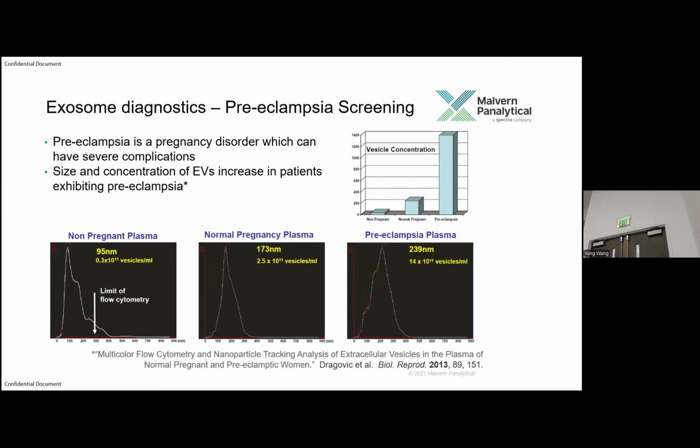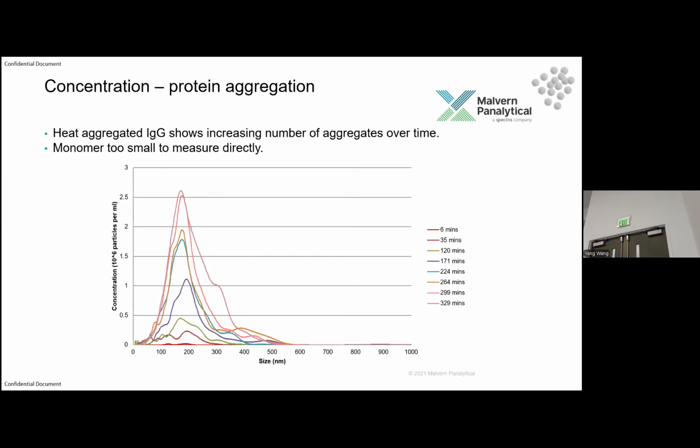A healthy pregnant patient has a bit more in terms of concentration of exosomes. But someone who might unfortunately have preeclampsia during pregnancy will have a statistically significant number of exosomes. So that's just one example.